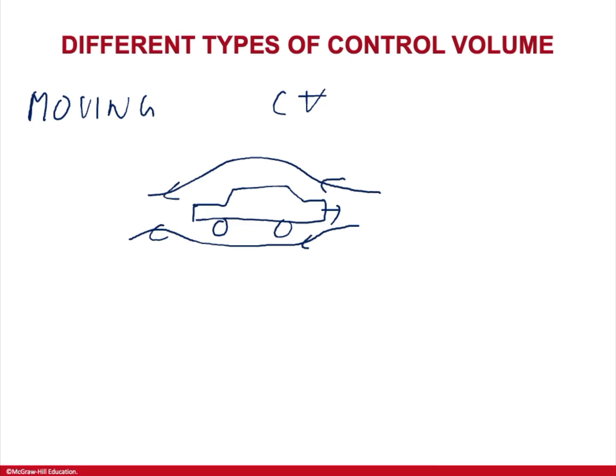In this case, you're concerned with how the fluid is interacting with the car, so your control volume essentially encompasses the car itself, because you're focused on the impact of the fluid on the car. You're constantly tracking the car as it's moving around at different velocities, as it's moving around the track if it's a racing car. Since you're constantly tracking the car, you're moving with the car.